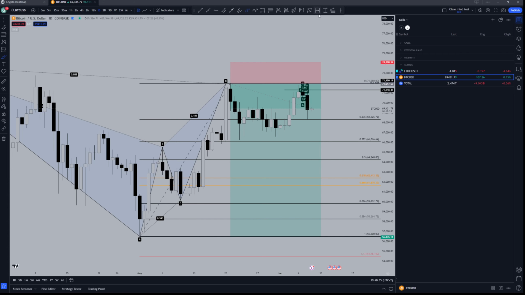And after you hit that, you come back to entry over here. So when you come back to entry, that's what you call a type 2 reaction, which essentially signals, okay, the harmonic worked the first time, we hit TP, we came back to entry, we can just play it again.